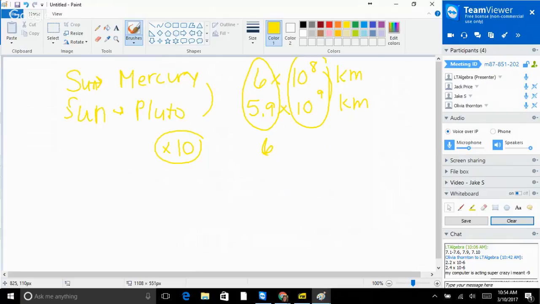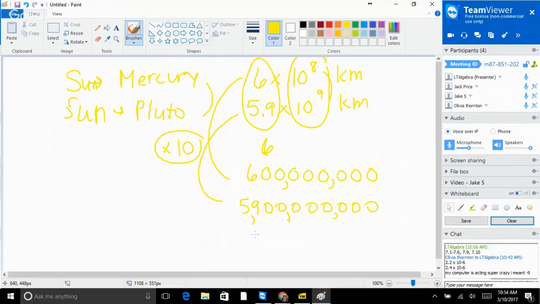So that's why scientists write it like this. Because if I wrote this first distance, it would be 1, 2, 3, and I wrote Pluto, it would be commas.